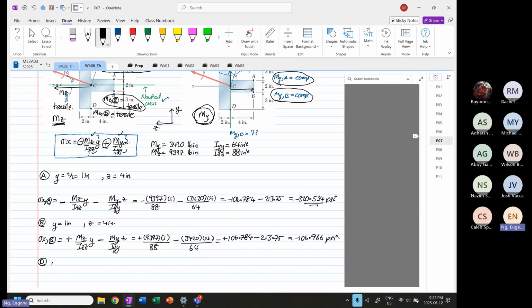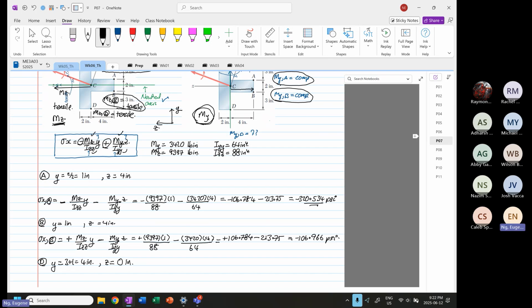At point D, the Y distance, the vertical distance, is 3 plus 1, which is equal to 4 inches. But the Z is exactly at the neutral axis, so it is equal to 0.